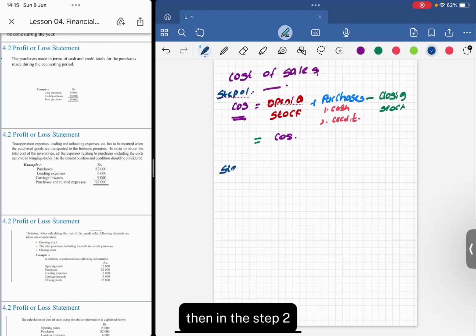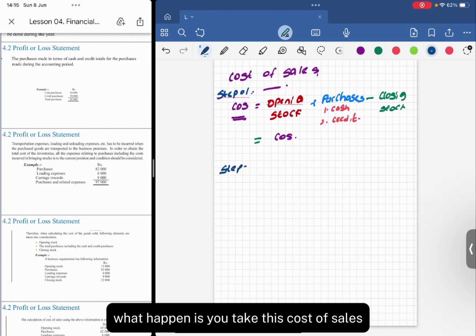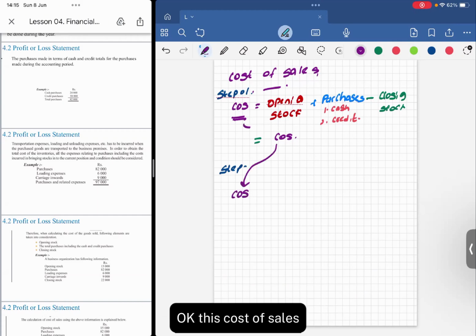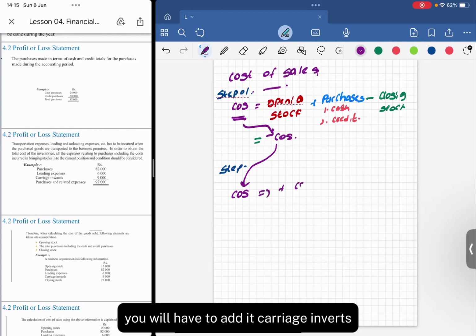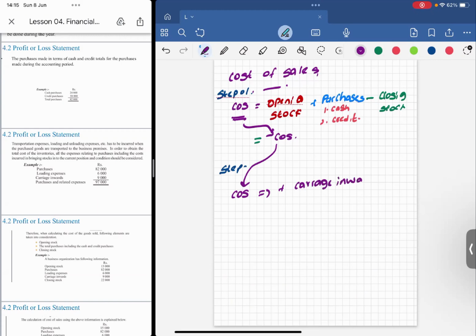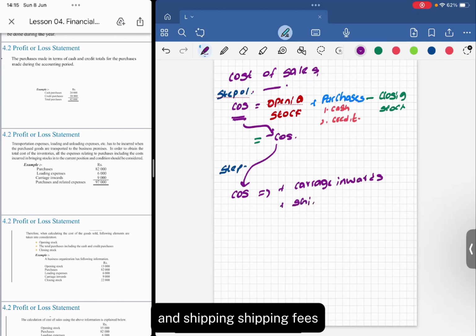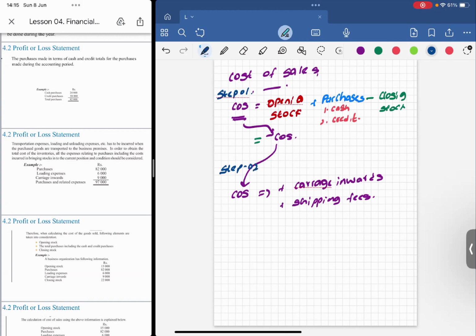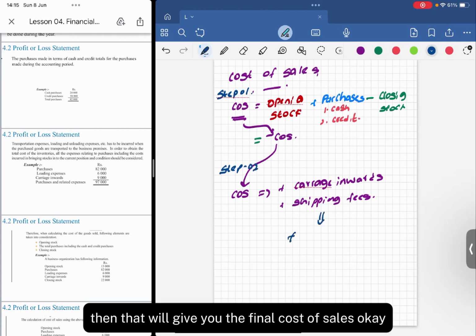Then in step two, you take this cost of sales, and you will have to add carriage inwards, other expenses, and shipping fees. Likewise, you will have to add them. Then that will give you the final cost of sales.